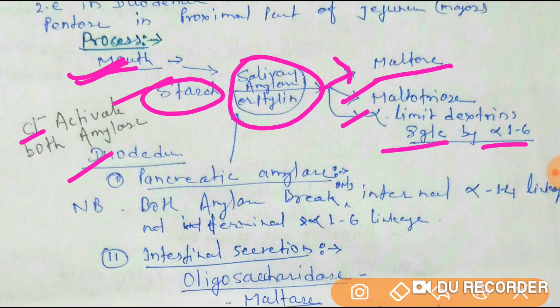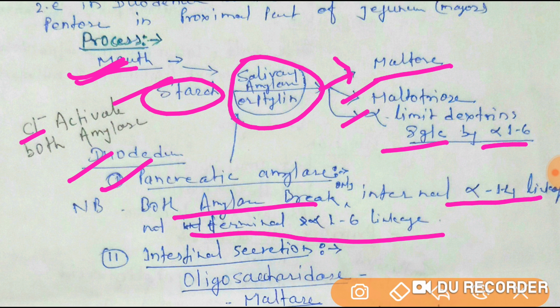The duodenal digestion starts with pancreatic amylase and intestinal secretion. Pancreatic amylase, both amylases, only this amylase breaks the internal alpha-1,4 linkage, not the terminal one and not the alpha-1,6 linkage.